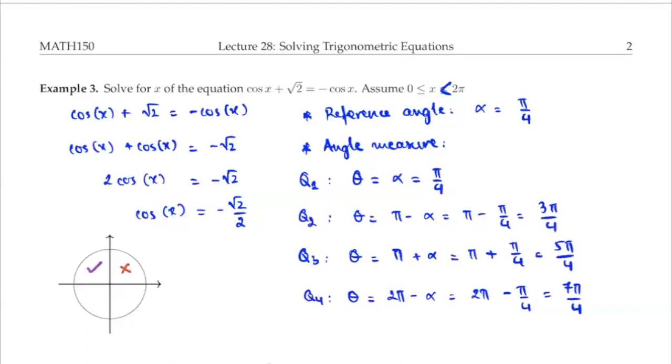In the third quadrant, cosine is also negative, so you choose the value in the third quadrant. In the fourth quadrant, cosine is positive, so you eliminate that answer as well. So the solution to this equation is theta equal to 3 pi over 4 and 5 pi over 4, and you eliminate theta in the first quadrant and theta in the fourth quadrant.